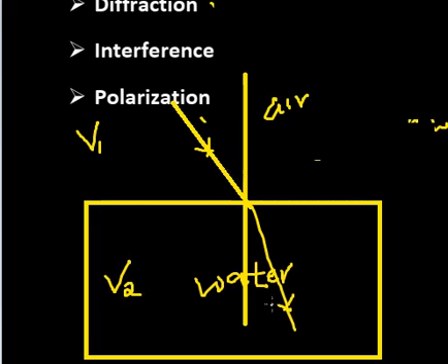The change in density will also affect the wavelength. Velocity will change, and of course the wavelength changes also. So in air, let's call it lambda 1, and in the medium lambda 2. Anytime a wave moves from one medium to another, the velocity and the wavelength change. Please take note, what can never change is the frequency.